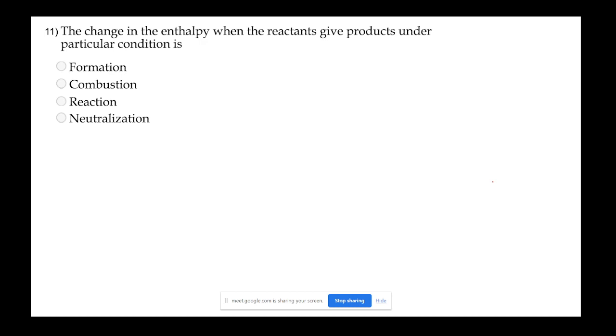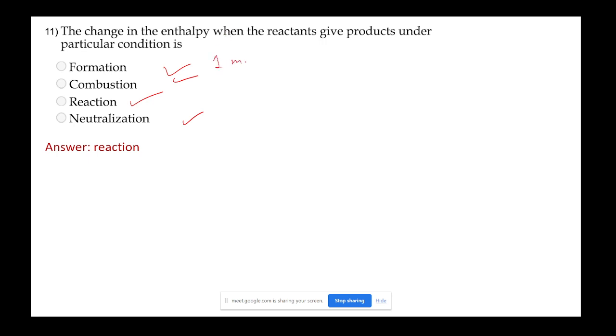The next question is: the change in the enthalpy when the reactants give products under particular conditions is dash. The change in enthalpy when the reactants give products under particular conditions is nothing but the heat of reaction, because formation, combustion and neutralization require specific conditions.